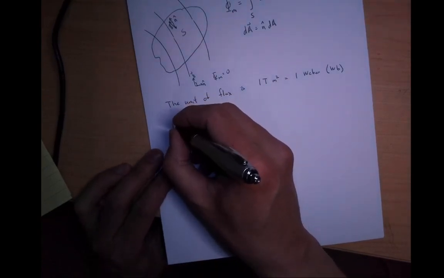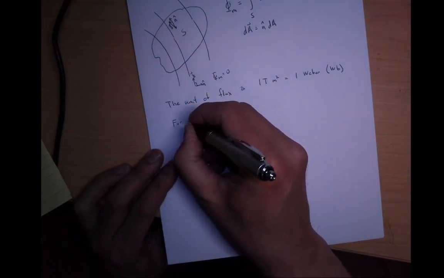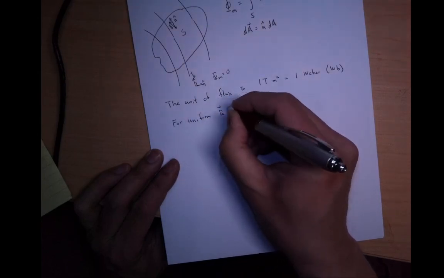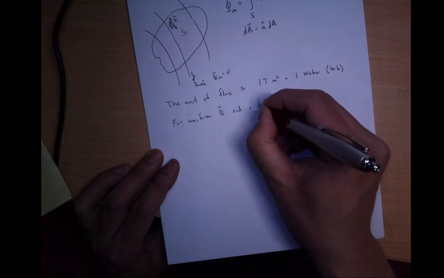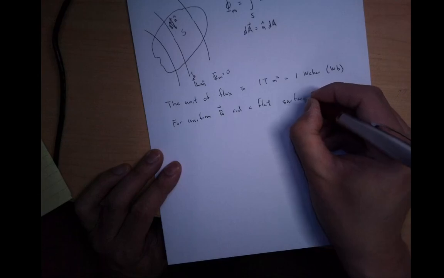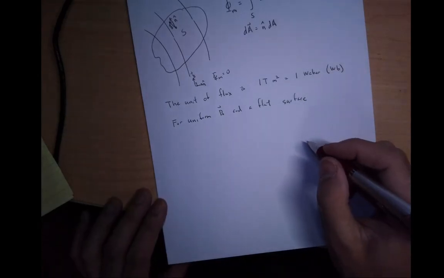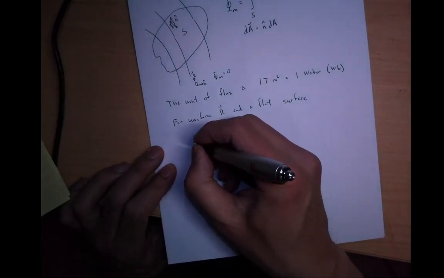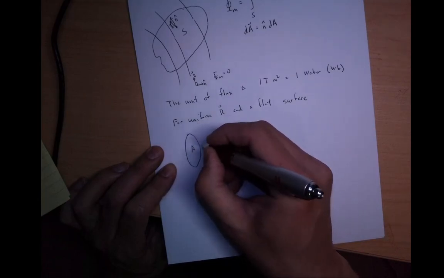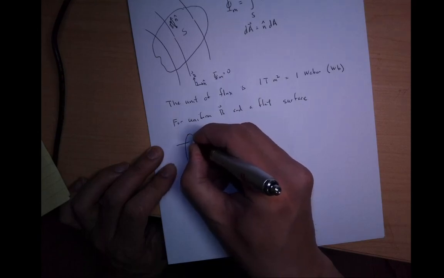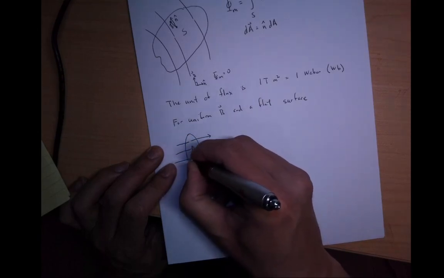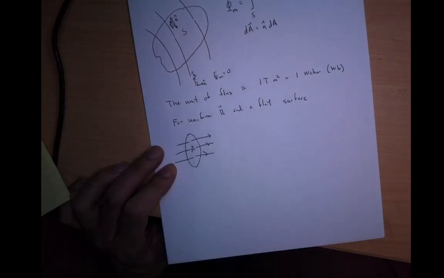Let's consider the simplest thing, right? So for uniform B and a flat surface, suppose I have some area A here, and I have some B field going through, right?